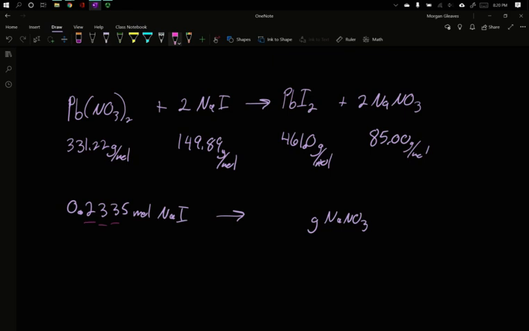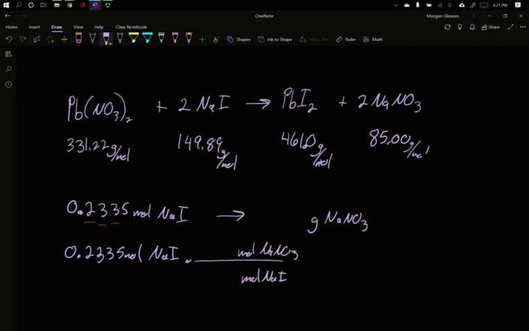All right, if you're back, well, I need to get out of one chemical and into another. I can't go from number of one to grams of another directly. I need to convert my number of sodium iodide into number of sodium nitrate. So the first step is to take my 0.2335 mole of one chemical and get out of moles of that chemical and into mole of my other chemical.